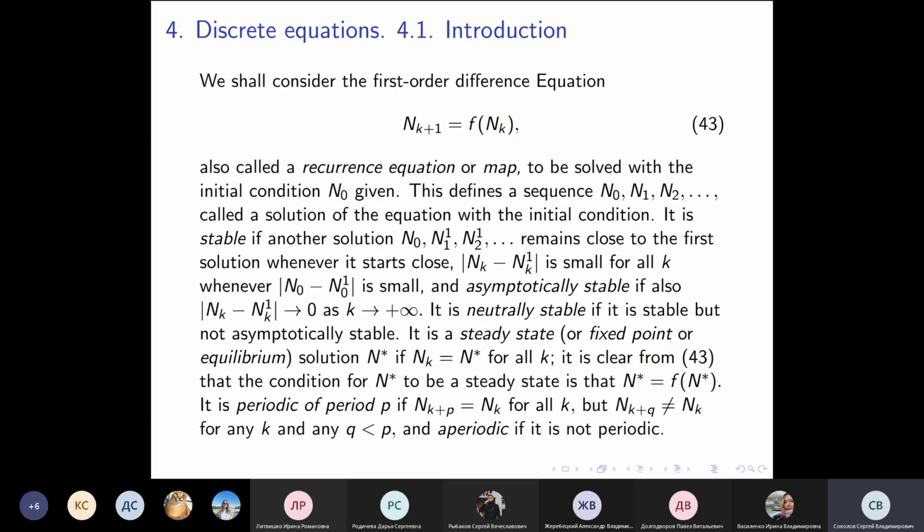Are there any ideas of the stability? Can the solution of a recurrence equation be stable or not? There is an interesting situation that we can easily solve the recurrence equations using Excel.